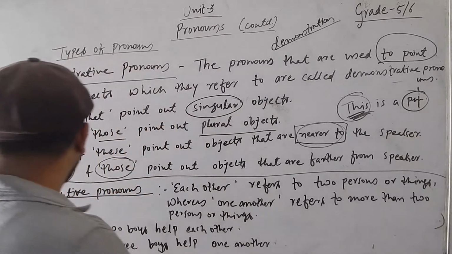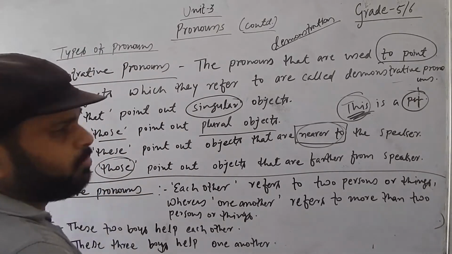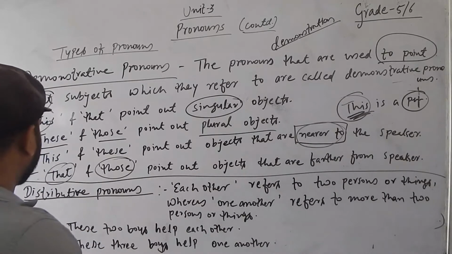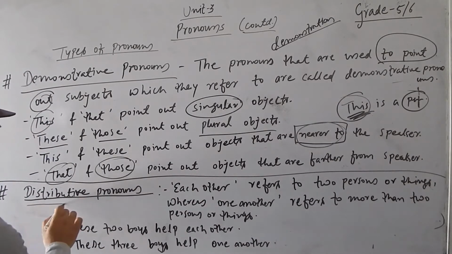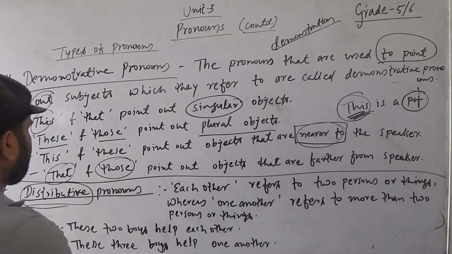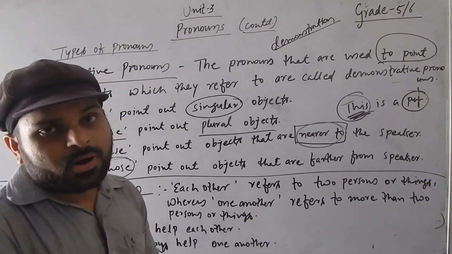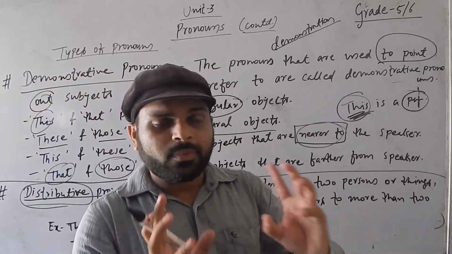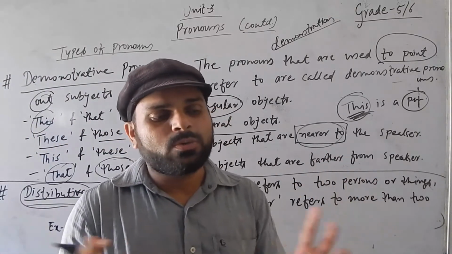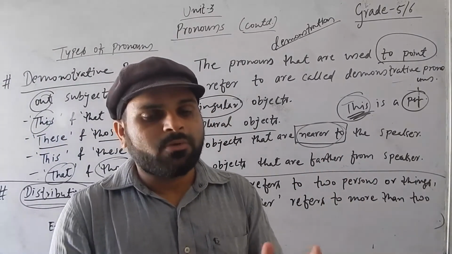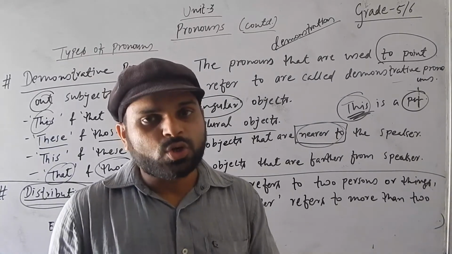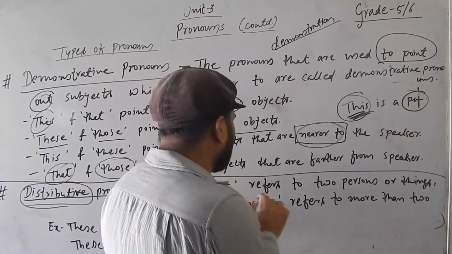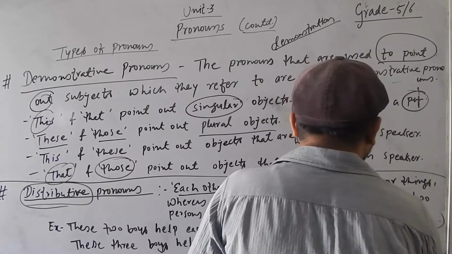So this is the demonstrative pronoun. Now see the distributive pronoun. Distributive, what is the meaning? What does distribute mean? To distribute means to divide into several parts or groups.